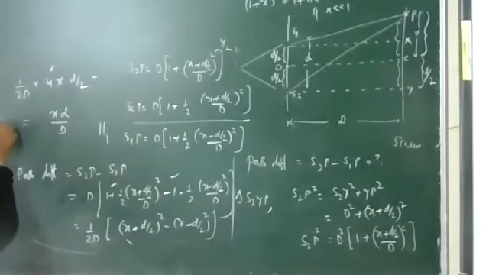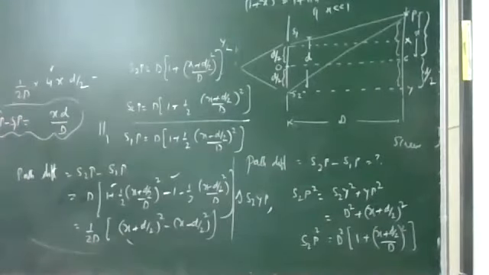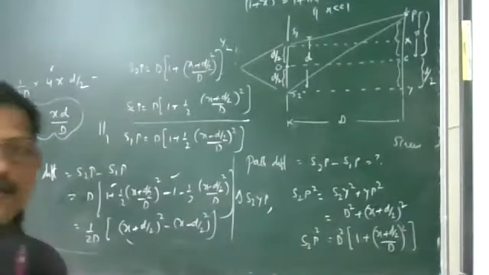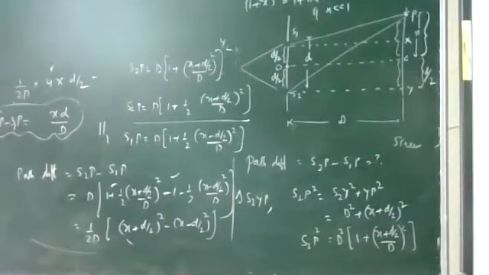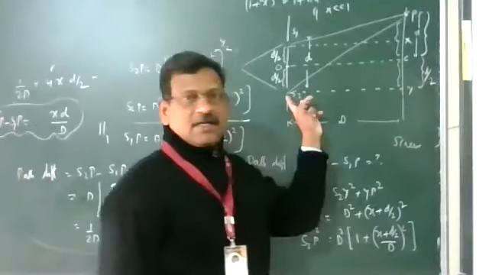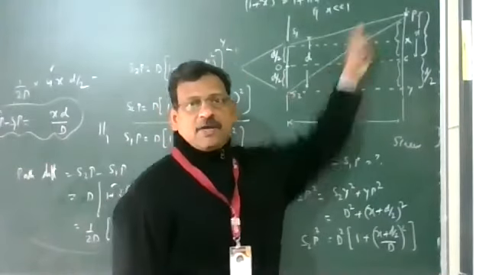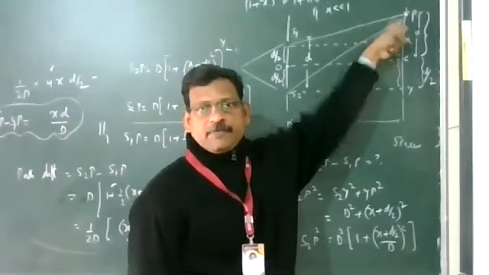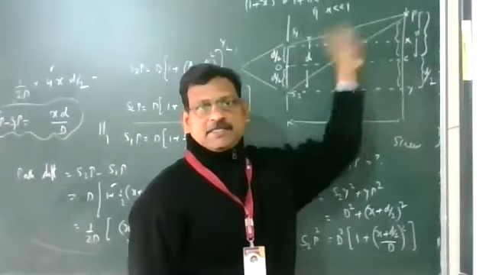This is S2P minus S1P, and this is very, very important here. In Young's double slit experiment, we have calculated the path difference. What is the path difference between the waves in reaching the point P from S1 and S2? The wave from S2 travels more distance in reaching the point P: S2P minus S1P.